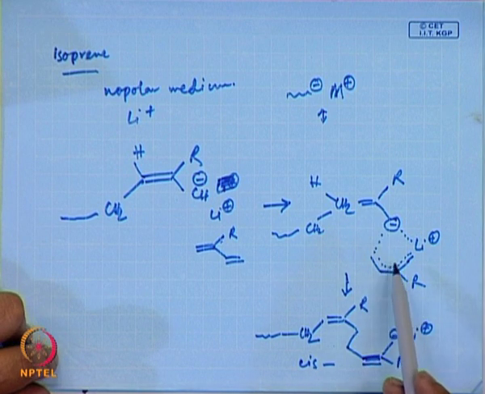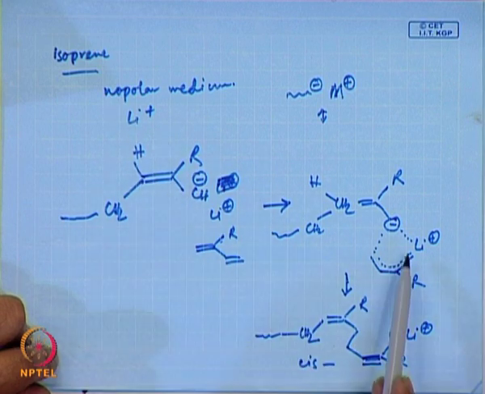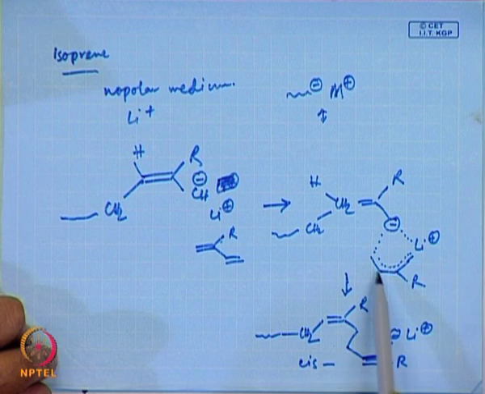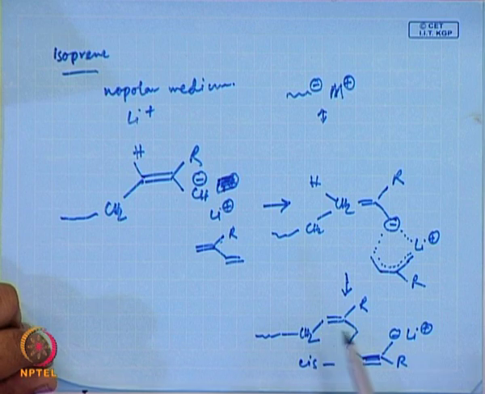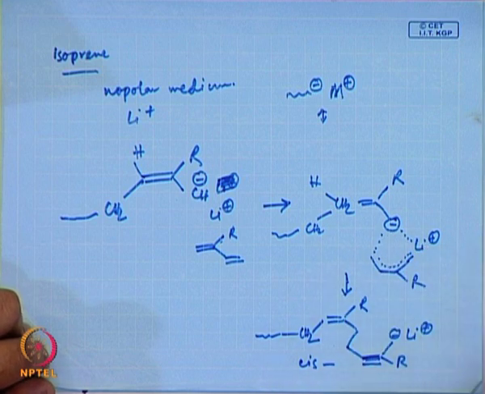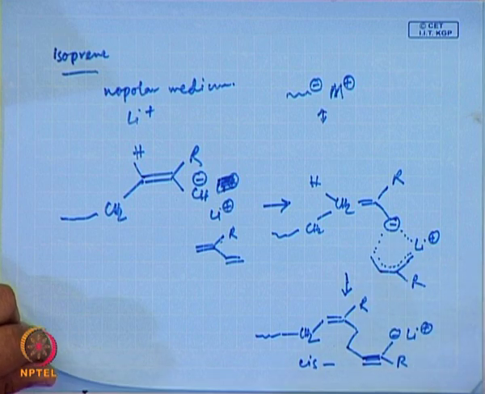So, if the medium is non-polar and your counter ion size is lower, then there will be an intermediate formation by coordination between the anionic chain end and the incoming monomer, and that will lead to cis formation, whereas if you increase the polarity of the medium, then obviously the active chain end and the counter ion will be well separated, well solvated. So, they will be apart from each other. So, there will not be any possibility of this type of intermediate formation. So, as usual the trans product will be dominant.